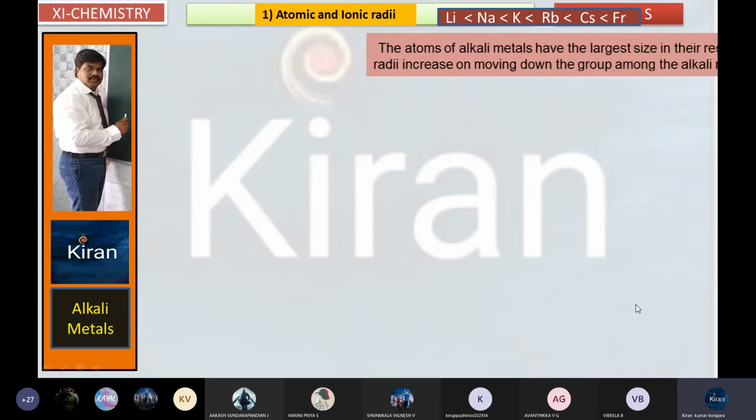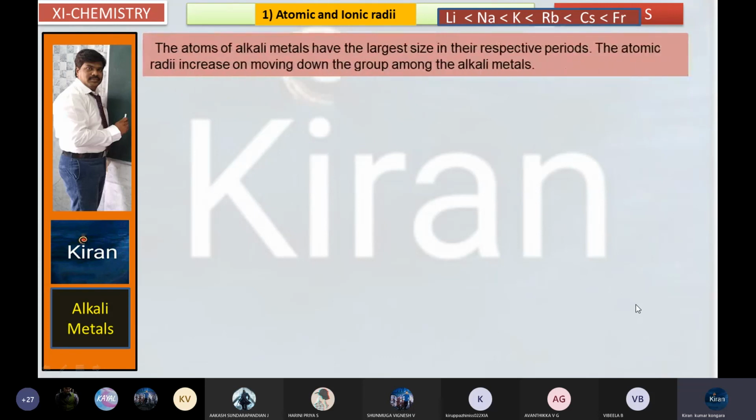The atoms of alkali metals have the largest size in their respective periods. When you take any period, the first element has the largest size. We studied this in the periodic table lesson. For example, take one period: lithium, then beryllium, boron, carbon, nitrogen, oxygen, fluorine, and neon.